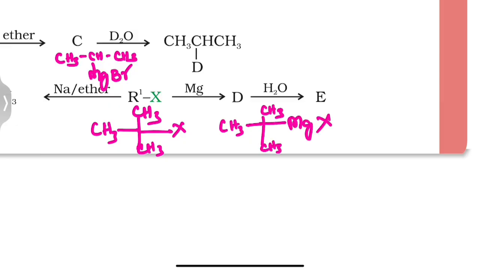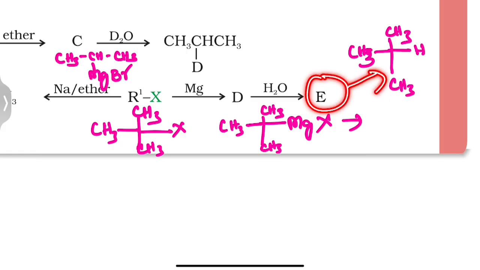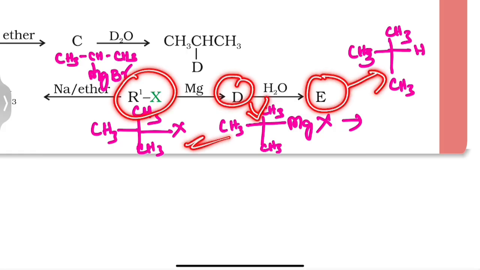And when you are treating this with water, it will give CH3, CH3, CH3 and H. You are removing this MgX and placing hydrogen. So this is E and this is D and this is R dash X.